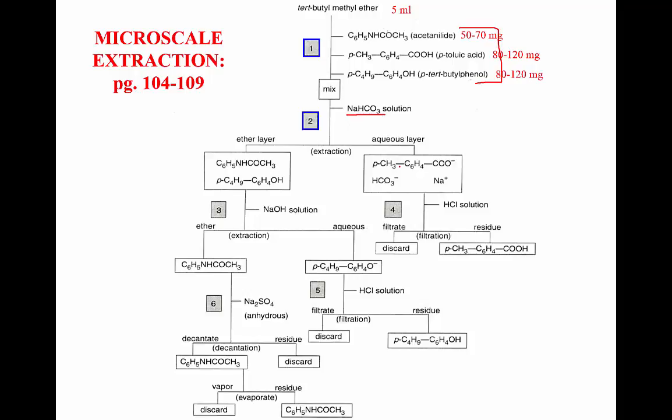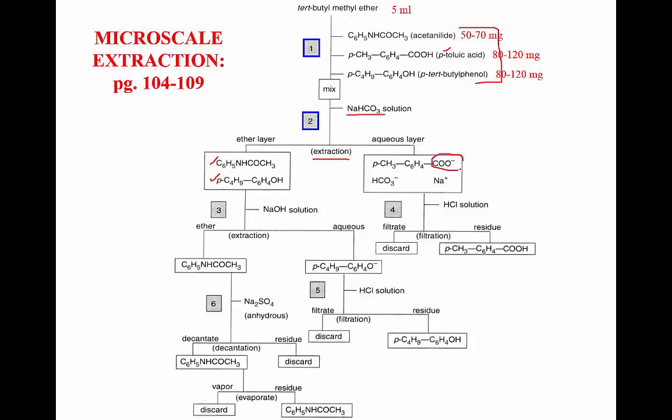Now, sodium bicarbonate, we said, is a weak base. It's not the strong base. So a weak base is going to be enough to react with the p-toluic, but not with the other two. So at that point, after carrying out the extraction, you will have your ether layer, which will still contain your acetanilide and your phenol. And now what you've done is converted your p-toluic acid into an ion.